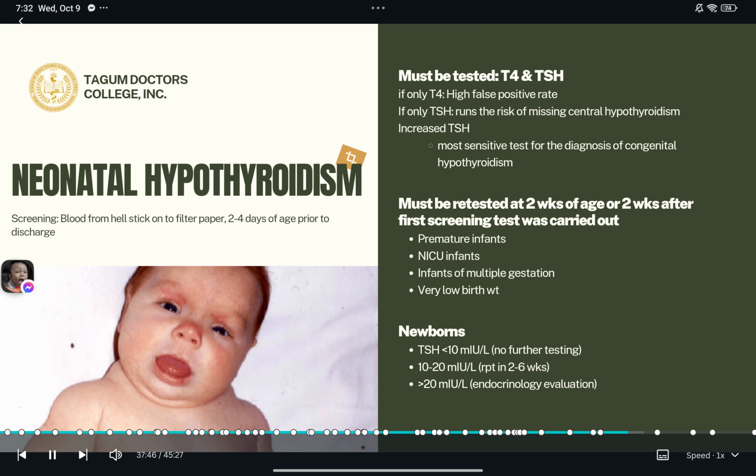So after 14 days, mobalik sila sa hospital or kung asa man sila first nagpa-test, and another set of newborn screening will be performed again sa baby.